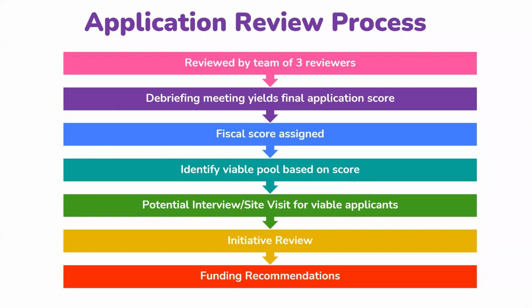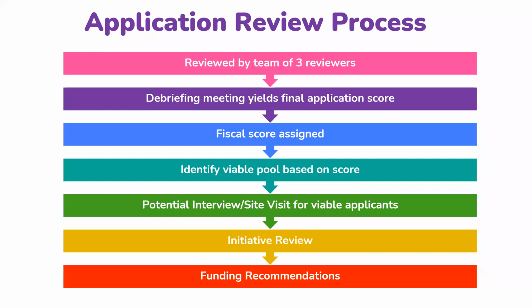During the initiative review, we're looking at geography, sites, coverage, and expansion areas, and we're taking score and activities into account. We're taking a lot of different information into account. Then our executive team and our CEO will put forth the funding recommendations to our board.